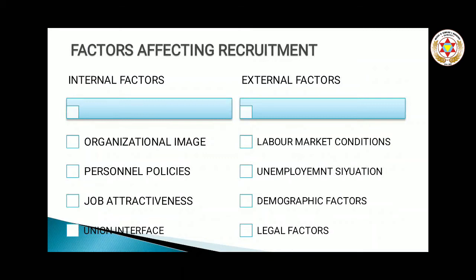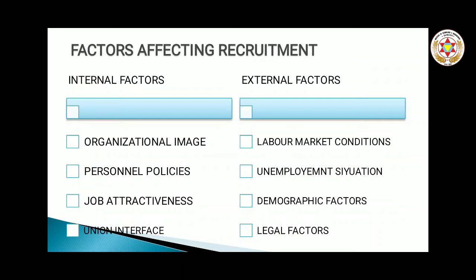Internal factors reside in the organization and external factors reside in the market. Internal includes organizational image, that is the goodwill of the organization; personnel policies, HR policies which attract potential employees to apply in the organization; job attractiveness, either the salary package with the job or the job destination where the job is to be, and the various incentives associated with that particular job.